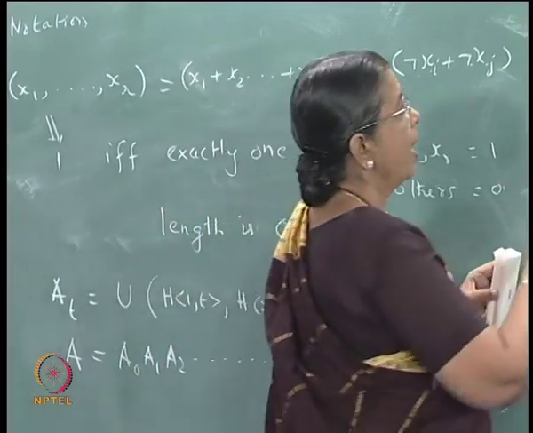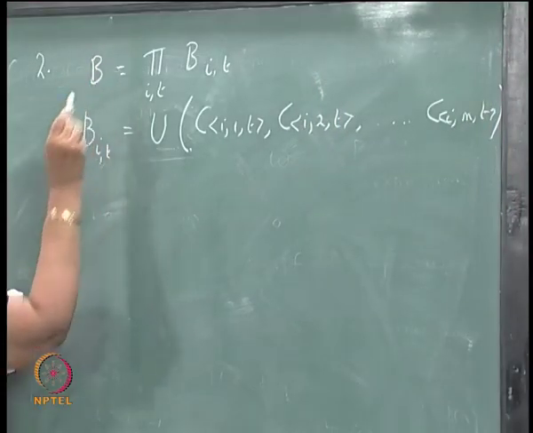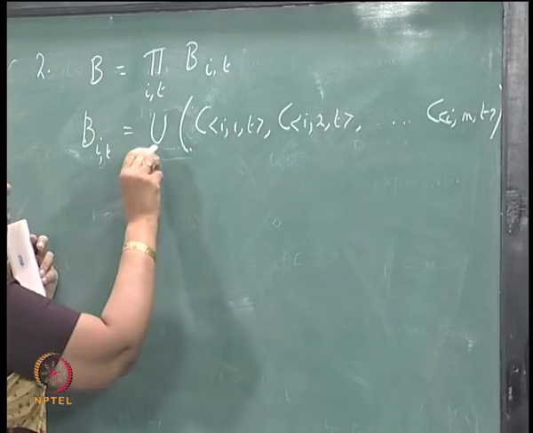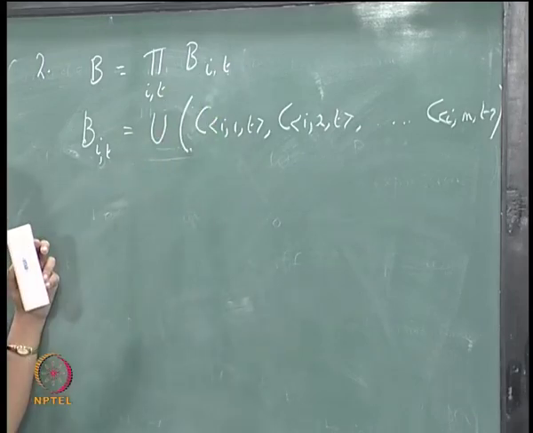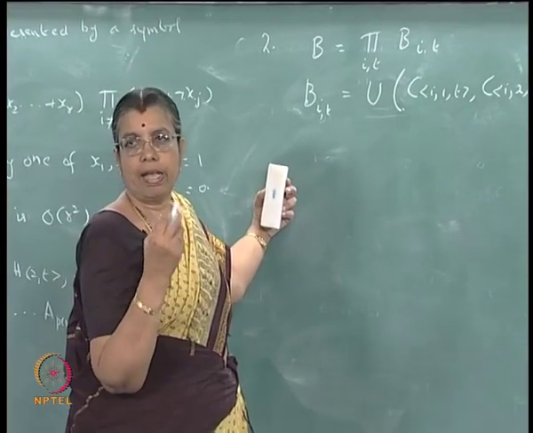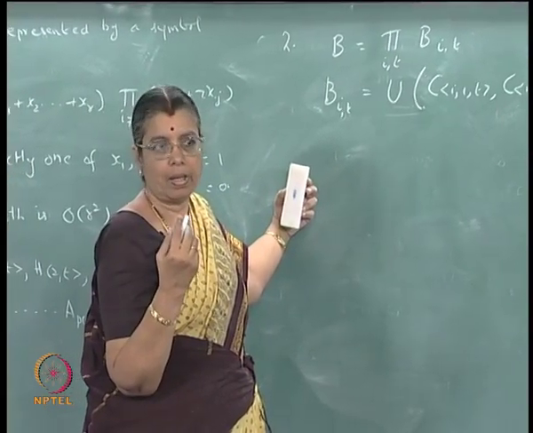And what can you say about the length of B? B is this expression. This is the product over i and t, where i will range from 1 to Pn, t will range from 0 to Pn.